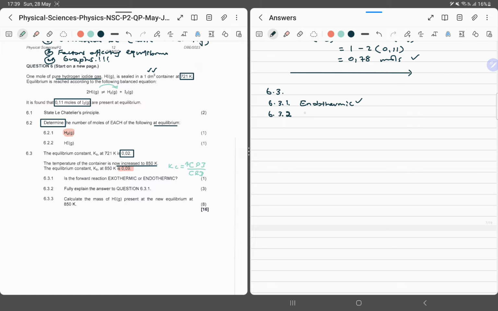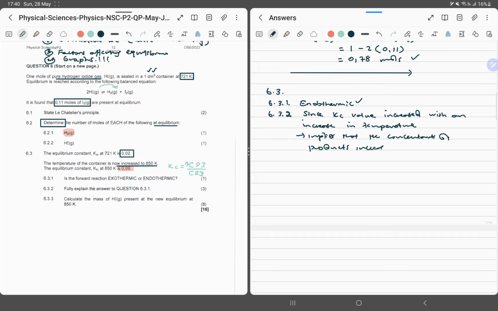It says, now we can see that since the Kc value increased with an increase in temperature, it implies that the concentrations of products increased, since Kc is equal to the concentration of products over concentration of reactants.